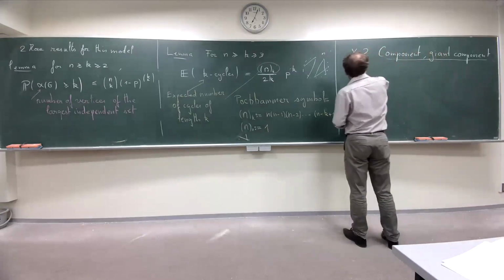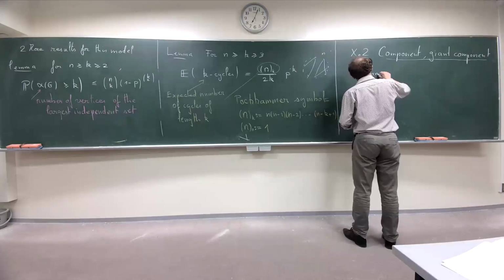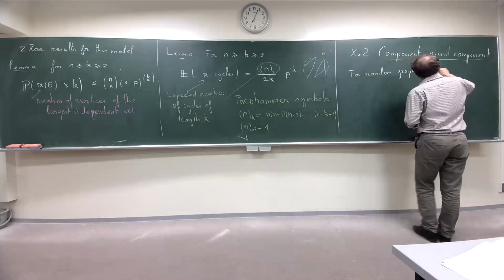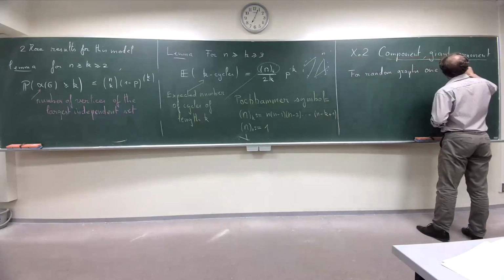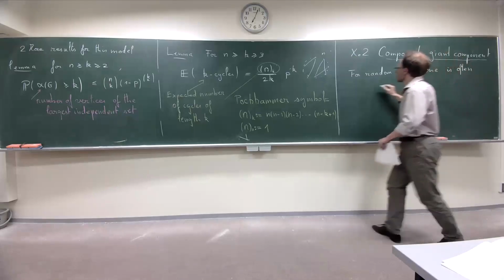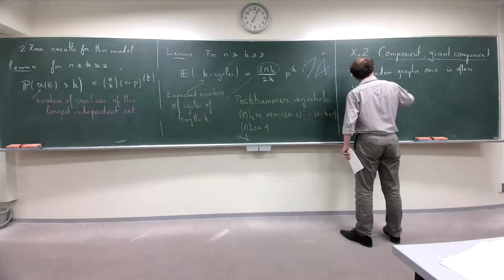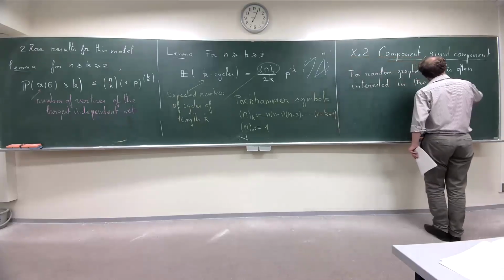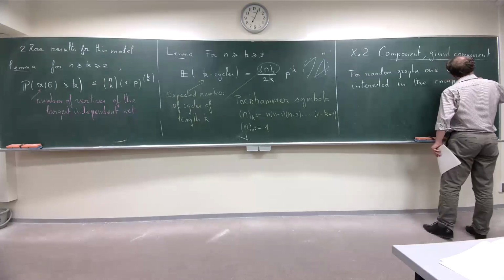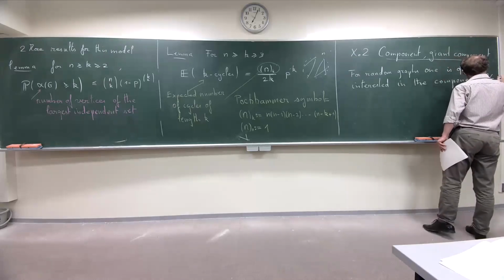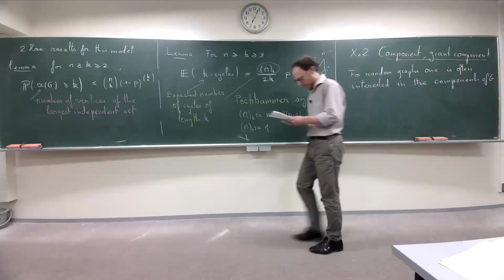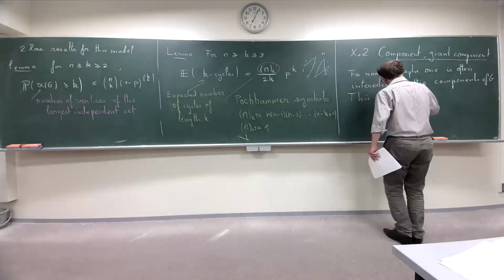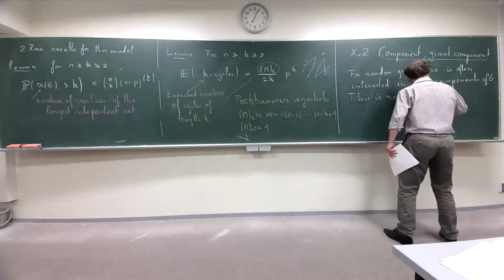So for random graphs, which is something we haven't studied up to now, one is often interested in the components of G. In particular, and of course, this is related to c.